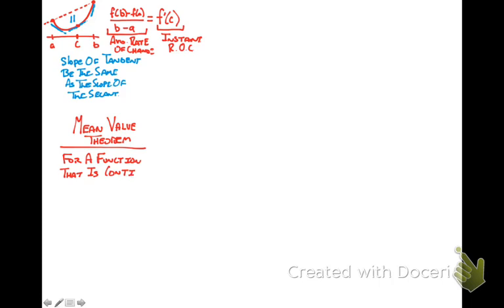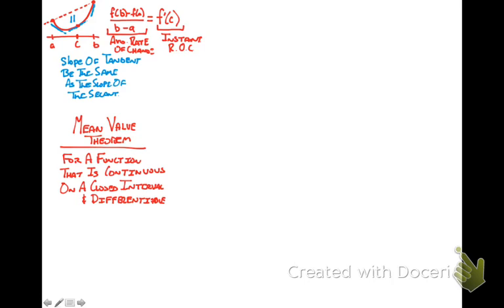The function must be continuous on a closed interval. Right? And we need the closed interval because it's from the endpoints that we'll get our slope of the secant line. And differentiable. Right? It can't have a vertical tangent somewhere, for example. Right? So the mean value theorem wouldn't hold for an absolute value graph.